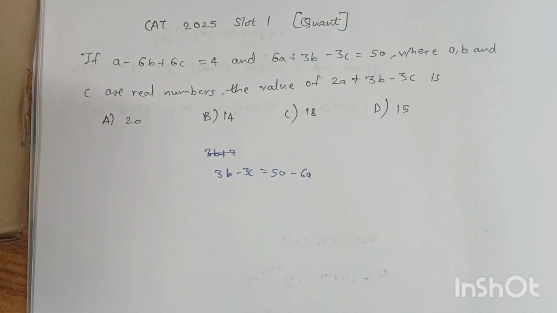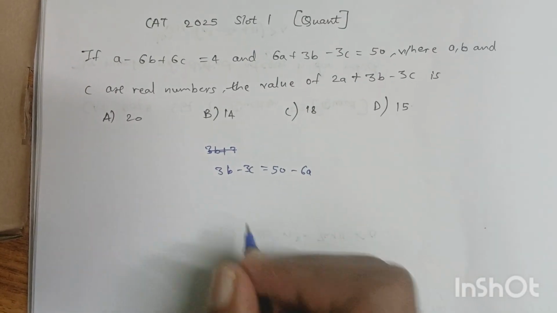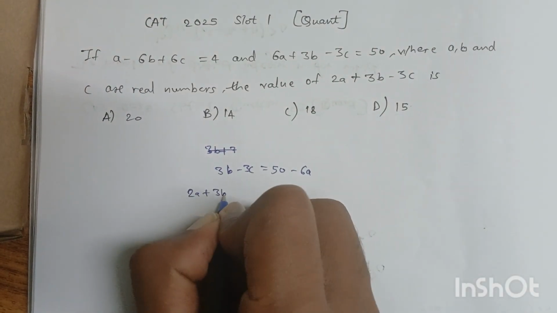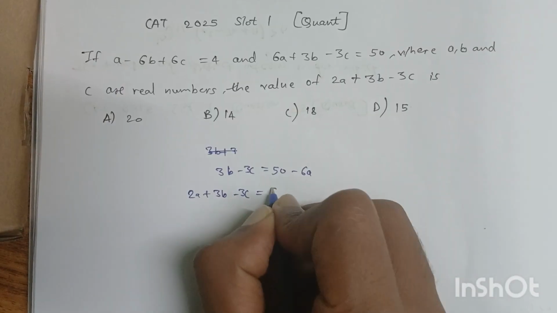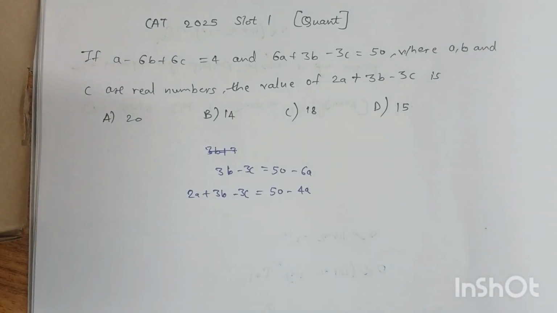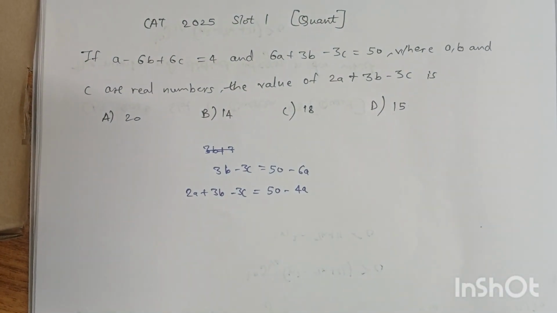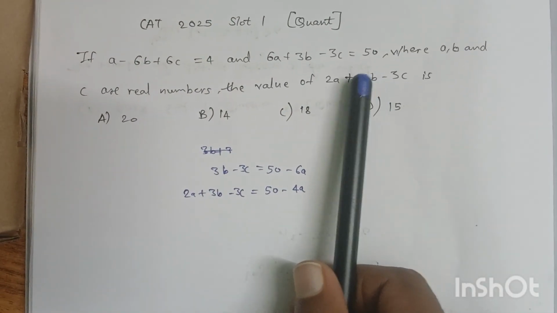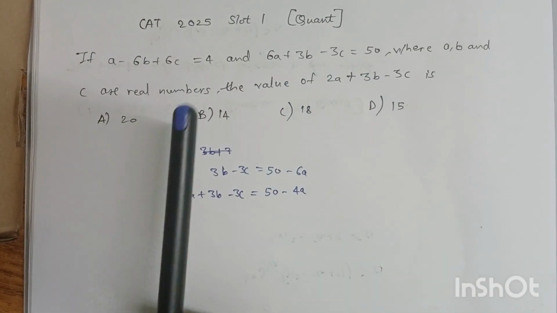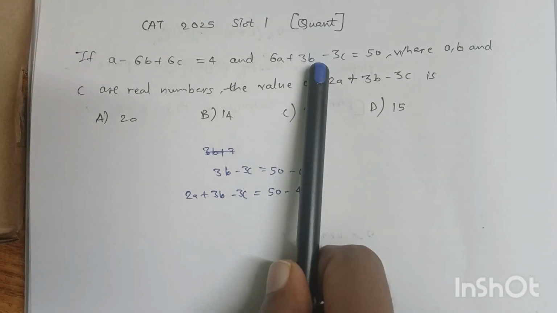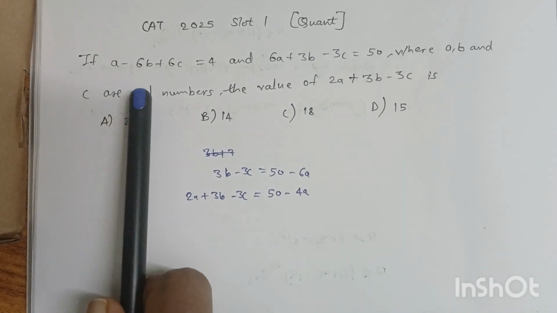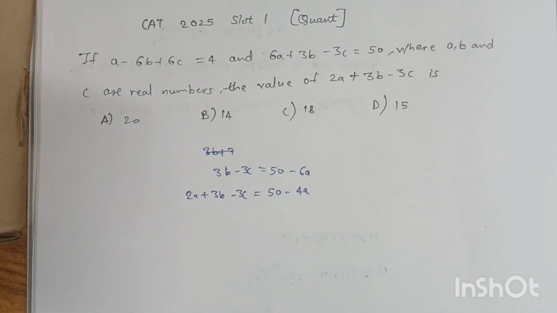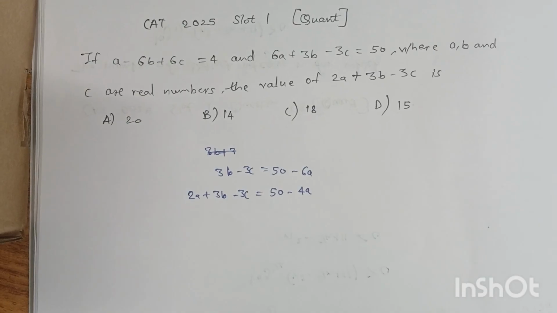For the required term, we should add 2a on both sides, so 2a plus 3b minus 3c equals 50 minus 4a. From these two equations, if we multiply this equation by 2 and add both, the b and c terms will get cancelled and we automatically get the value of a.